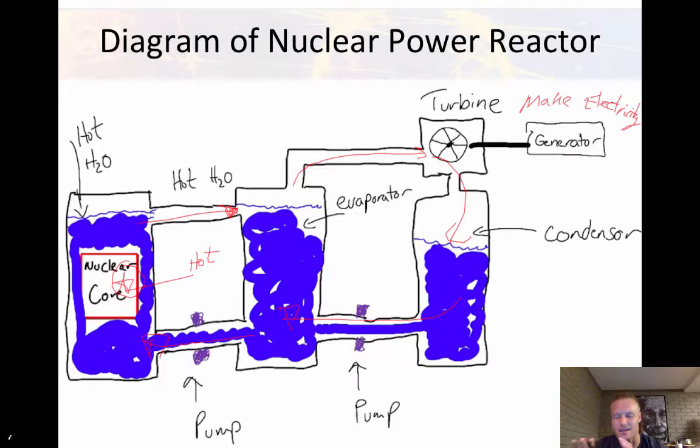So in a nutshell, there's a lot more technicality to it if you were looking at a deeper level, but for our basic understanding of a nuclear power plant, this is what goes on. That nuclear core heats the water up. The water then evaporates, spins a turbine, which then makes electricity. The water condenses and gets reheated up again. The process repeats itself.